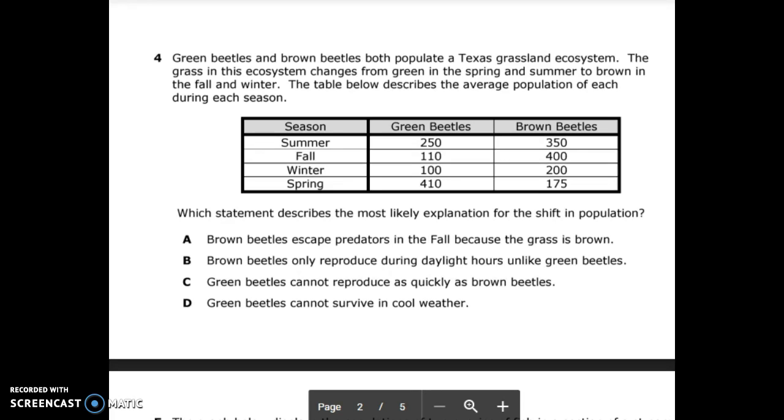Which statement describes the most likely explanation for the shift in population? A, brown beetles escape predators in the fall because the grass is brown. B, brown beetles only reproduce during the daylight hours, unlike green beetles. C, green beetles cannot reproduce as quickly as brown beetles. D, green beetles cannot survive in cool weather.